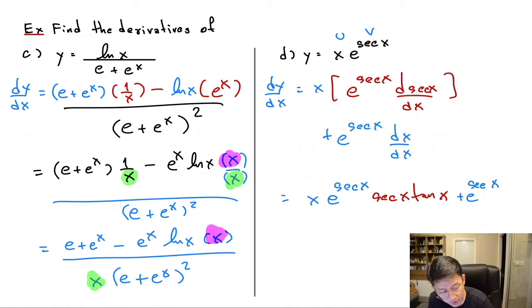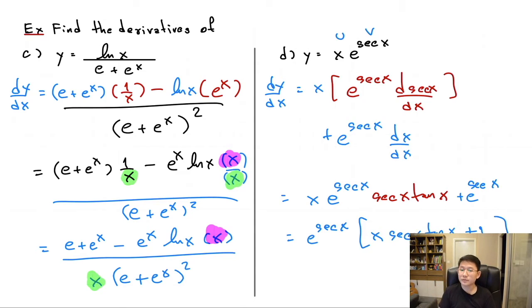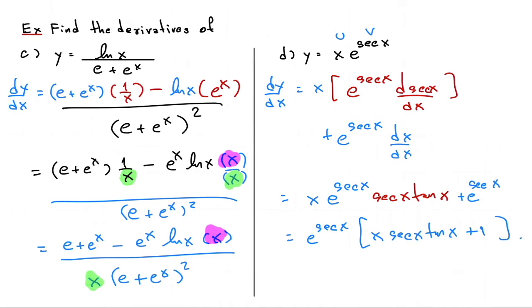So if I pull e to the sec x out, I have sec x tan x plus 1. Just like that. Simple, isn't it? Okay. I hope it's not too hard.